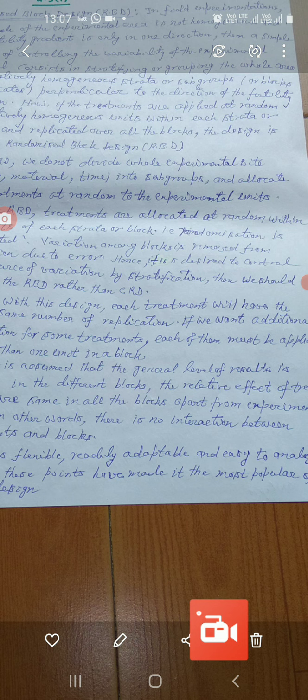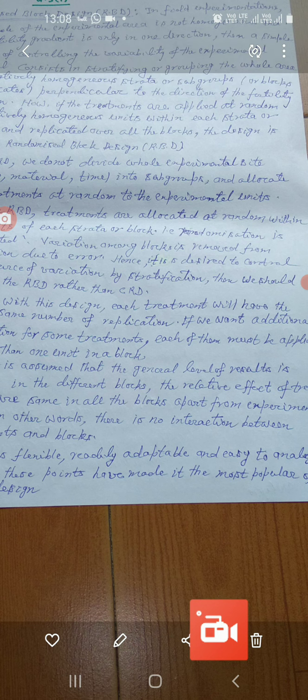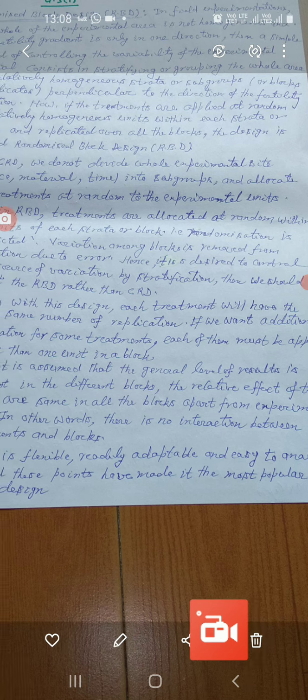The third point is that it is flexible, readily adaptable, and very easy to analyze. And these points have made it the most popular of all the designs.